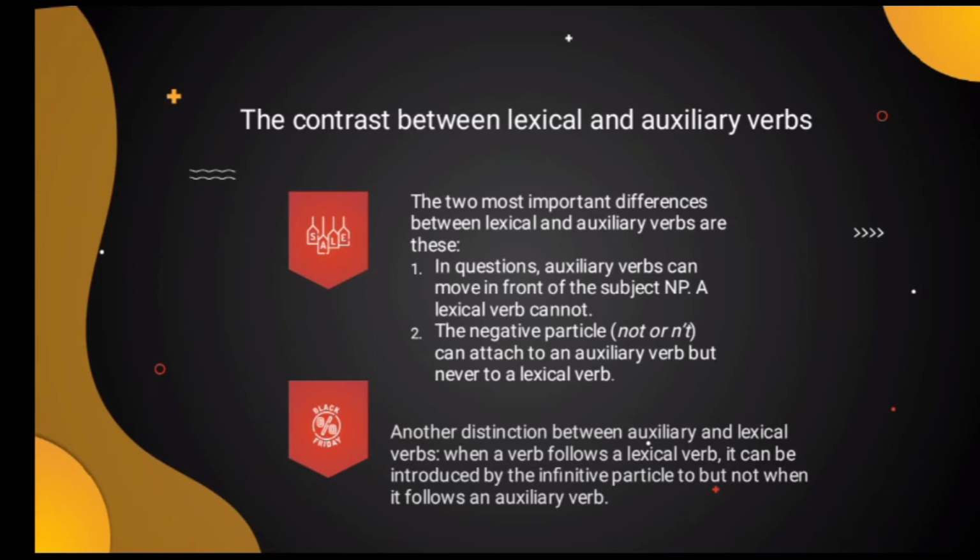Second, the negative particle not or n't can attach to an auxiliary verb but never to a lexical verb. Another distinction between auxiliary and lexical verbs: when a verb follows a lexical verb, it can be introduced by the infinitive particle to, but not when it follows an auxiliary verb.